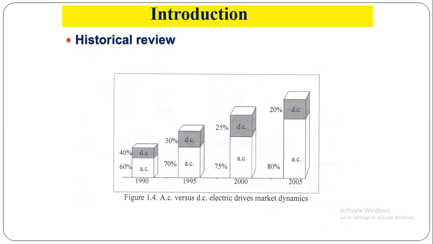If we observe this slide, you can see a graph with static data from 1990 to 2005, showing AC versus DC electric drive market dynamics. In 1990, AC was 60% and DC 40%; then 70% and 30%.